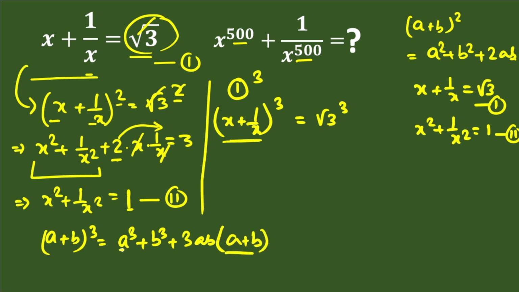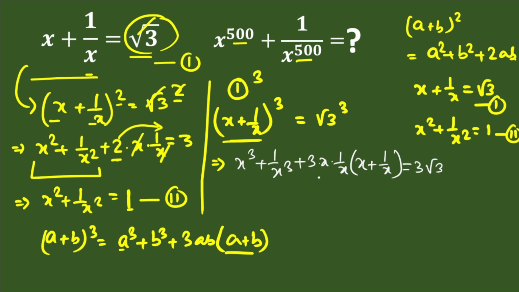Here x is a and 1 over x is b. So we can write this expression as x cube plus 1 over x cube plus 3 times x multiplied by 1 over x, and in the bracket x plus 1 over x, and on the right hand side, square root 3 whole cube is 3 square root 3.